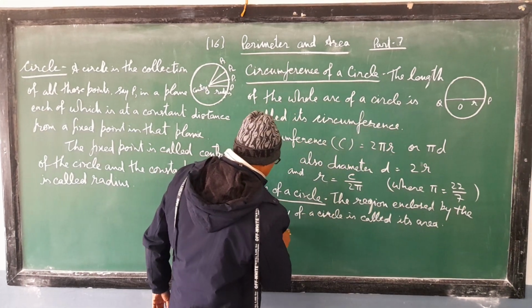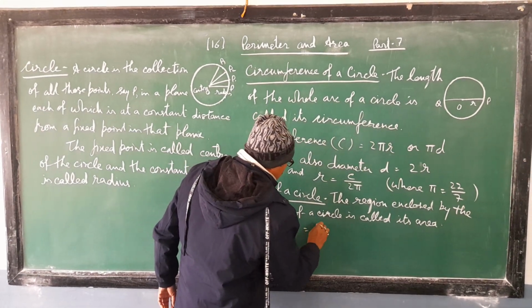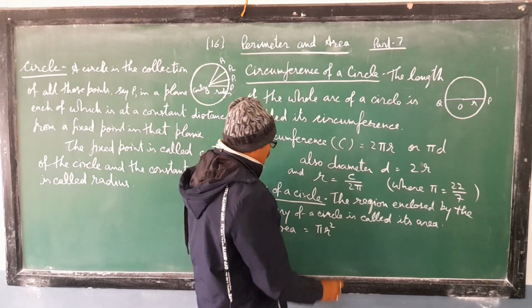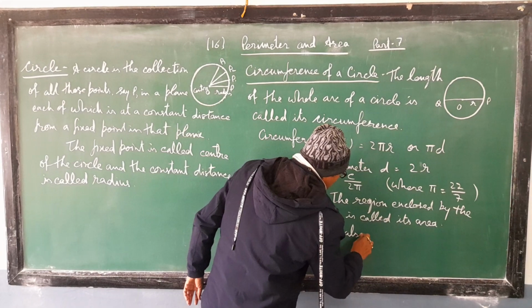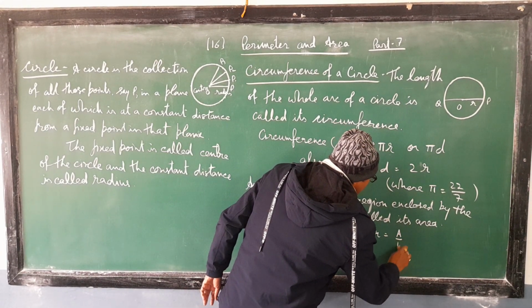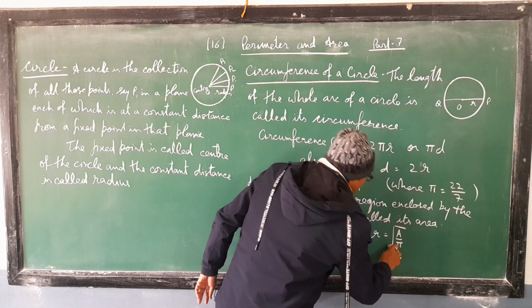Area is equal to pi r square. Also, r is equal to the square root of area upon pi.